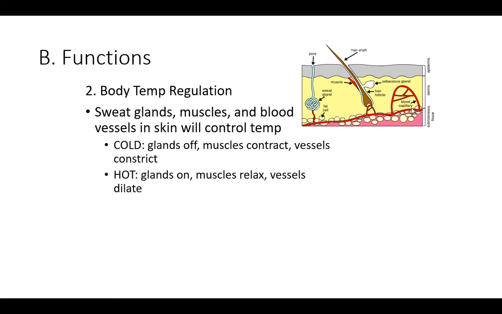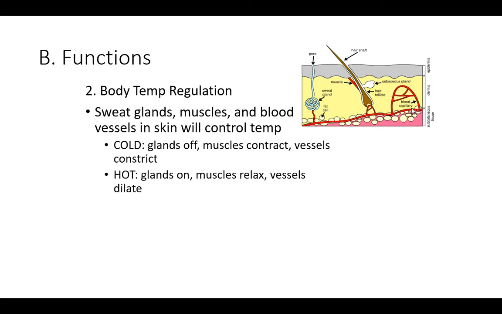When you get hot, all of those things that I just said pretty much do the reverse. So your sweat glands turn on, you get the benefit of sweat and then evaporative cooling, which cools you down. Your muscles will relax and stop contracting, which reduces heat being produced by things within your skin. And then your blood vessels, including your capillary beds, will dilate or get larger, which brings blood closer to the surface of your skin, which then allows that heat to radiate out.